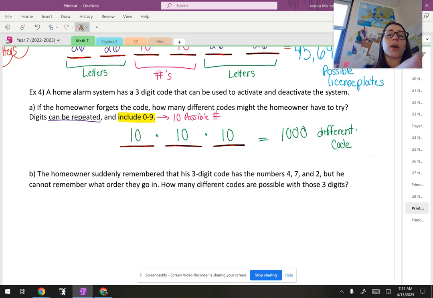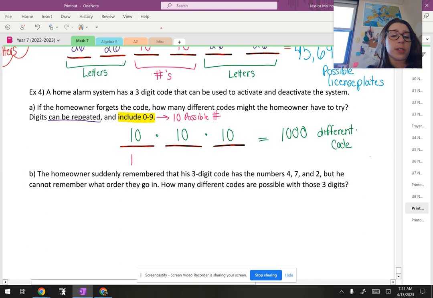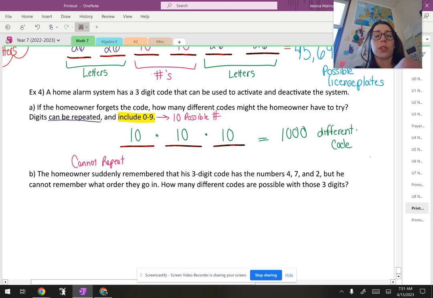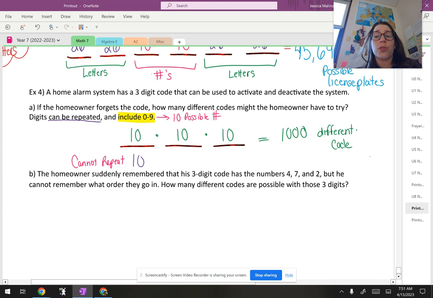Now, I just want to pause and talk for a second because on your homework, you deal with one where the digits cannot be repeated. So if you have 10 choices for the first one, that's still true because there's still 10 digits between 0 and 9. But this time, you picked that digit and it cannot repeat.